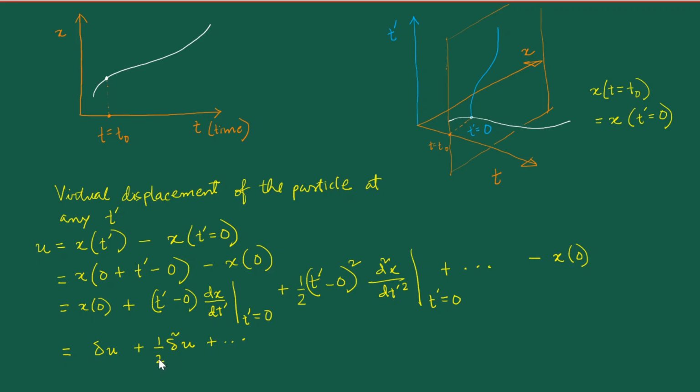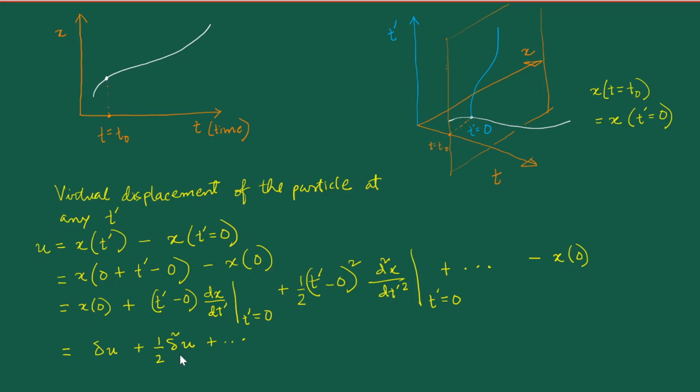You note that the original independent variable of our problem is the time t that we have frozen in time, that we are not changing. So we are exploring changes in the position of the particle without changing the independent variable, and that is exactly what this delta operator denotes.